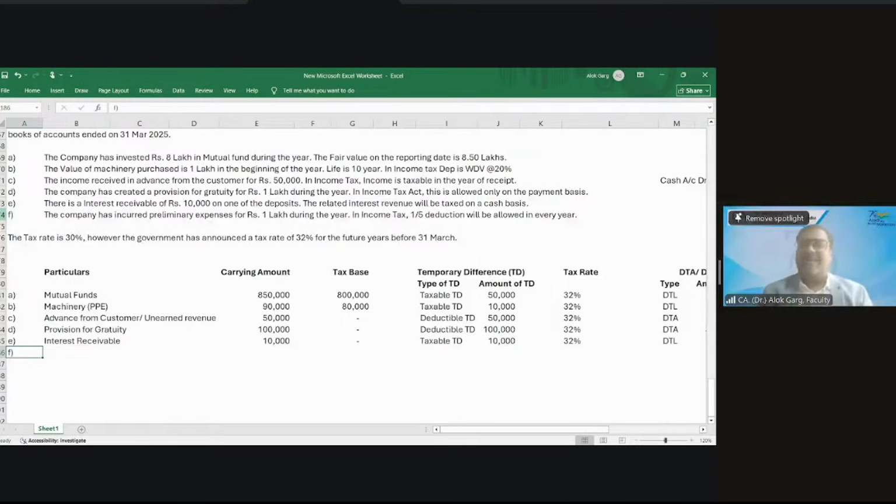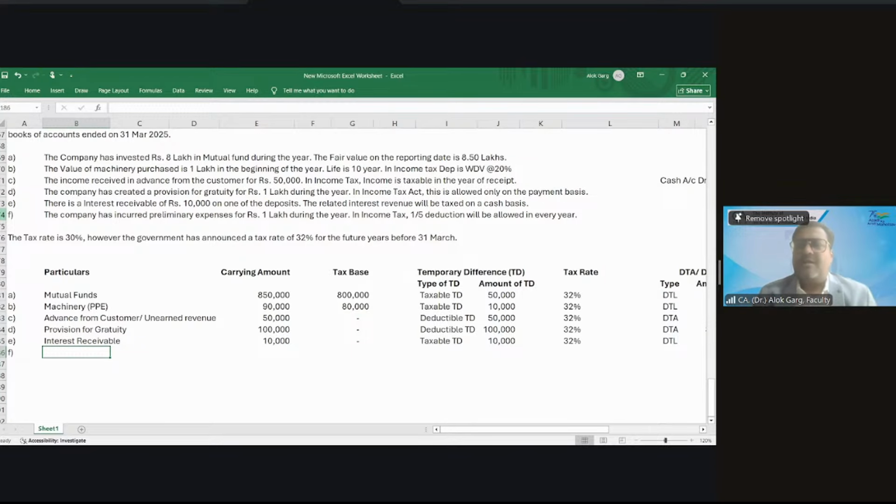Have you heard about this concept of preliminary expenses, section 35D? I don't know if my memory is correct, but in our days there was a section 35D. It talks of amortization of preliminary expenses. So 1/5 deduction will be allowed.